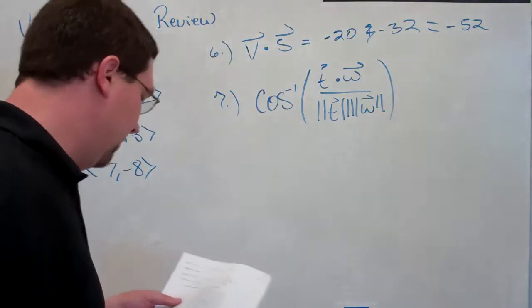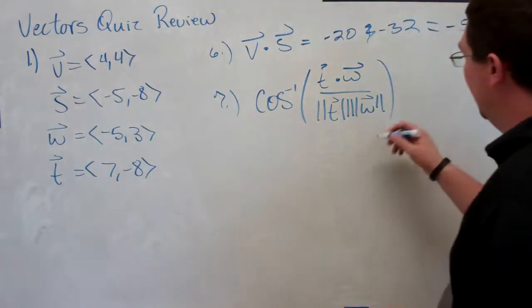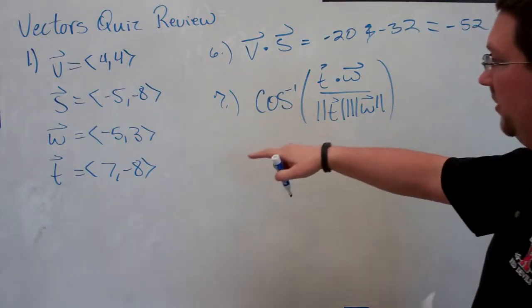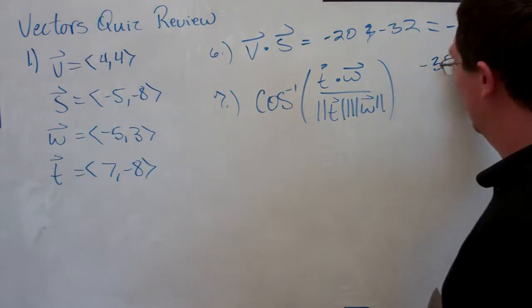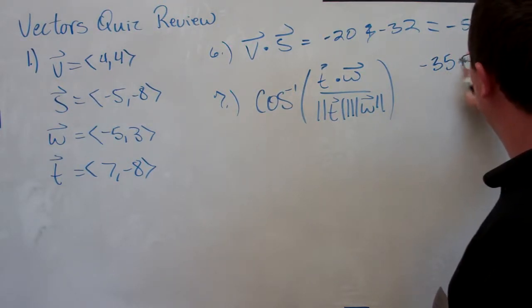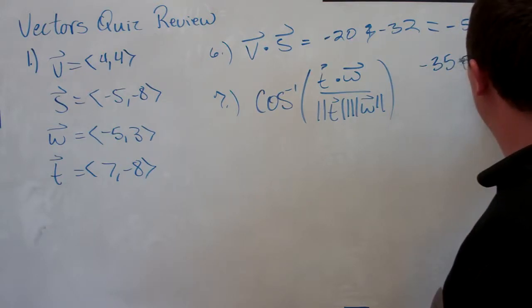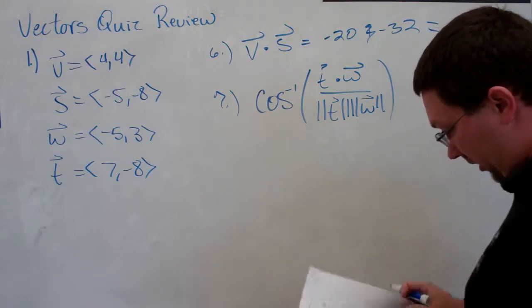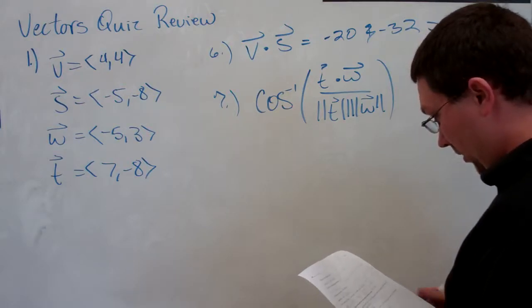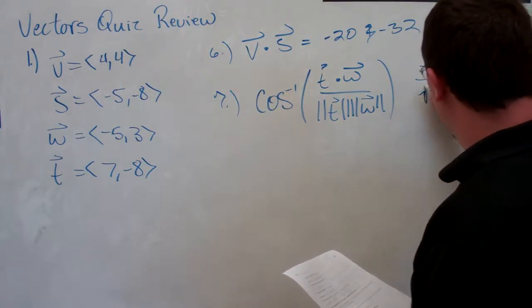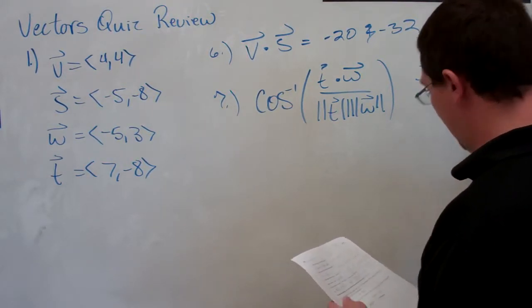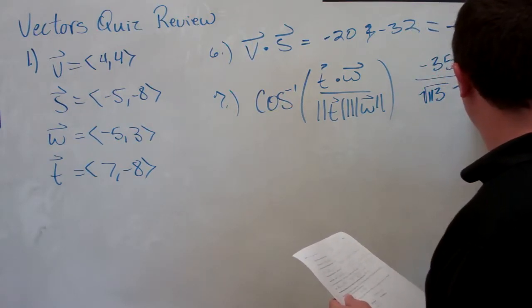Let's take care of the parentheses first. T dot W is going to be negative 35 minus 8 times 3, which is 24, over the product of their magnitudes. When you get their magnitudes, you're going to get the square root of 113 times the square root of 34.